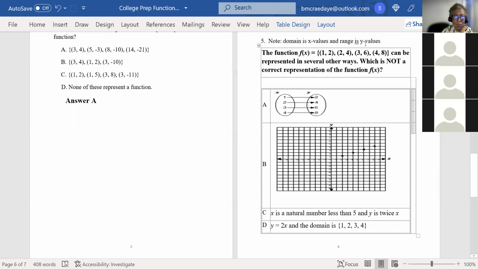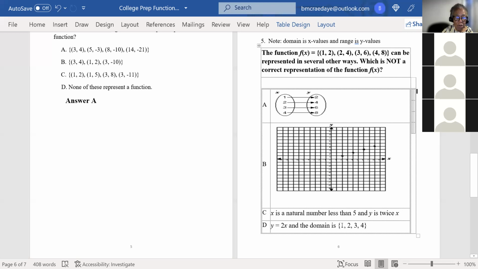These are the Y's, 2, 4, 6, 8. In every ordered pair, is the Y value 2 times the X value? Yes, because 8 is 2 times 4, 6 is 2 times 3, 4 is 2 times 2, and 2 is 2 times 1. So C is a correct representation.